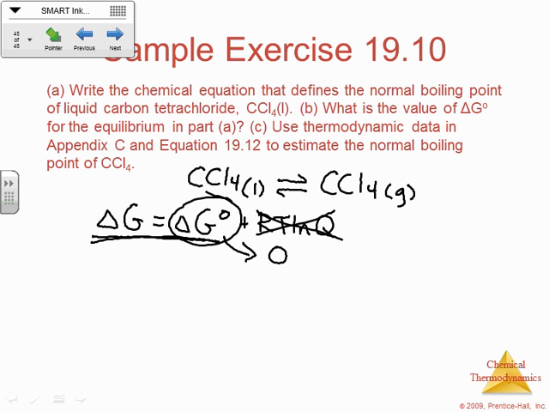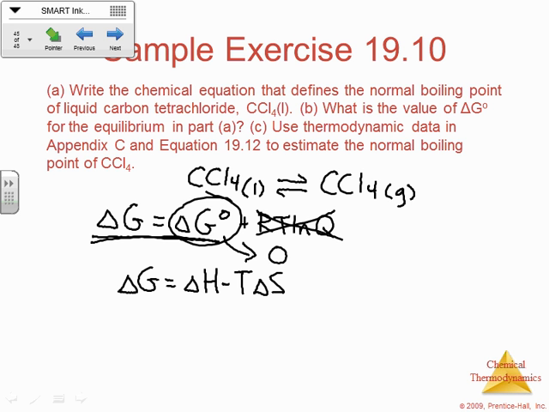So equation 19.12 is the one that you might expect here: delta G equals delta H minus T times delta S. Now how are we going to estimate the normal boiling point of CCl4 from that? Right, so that's where they're saying using the thermodynamic data in Appendix C, which I will give to you.